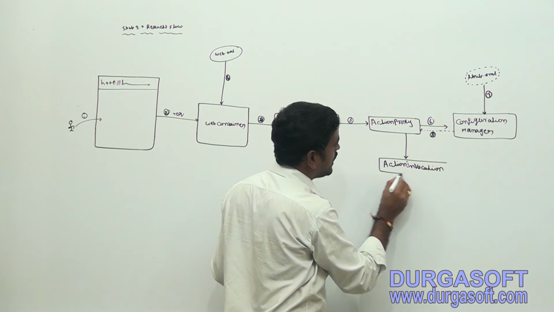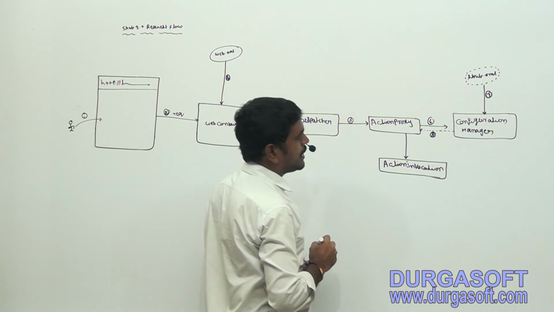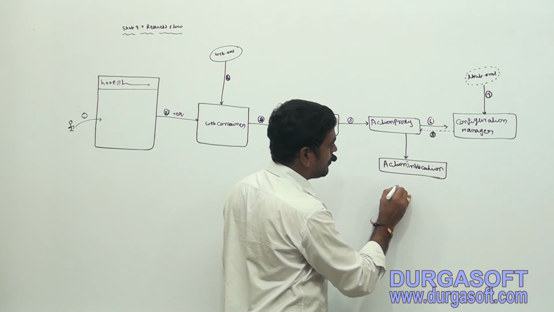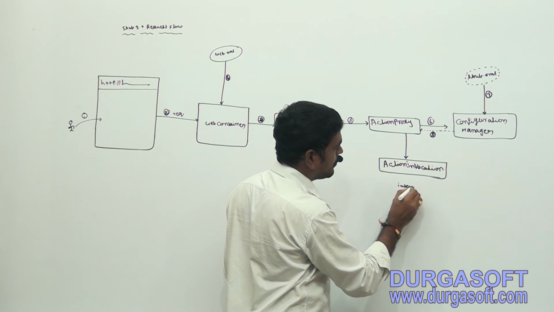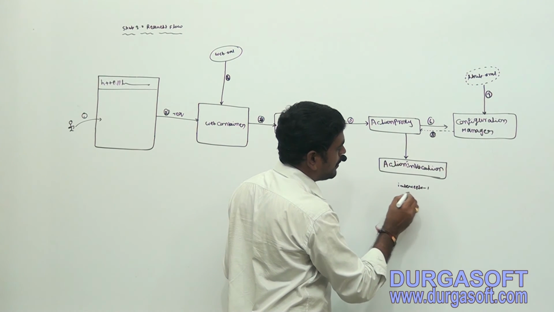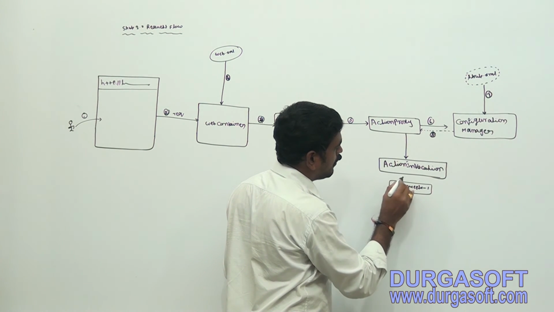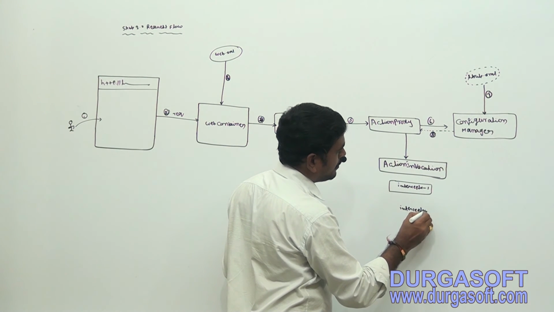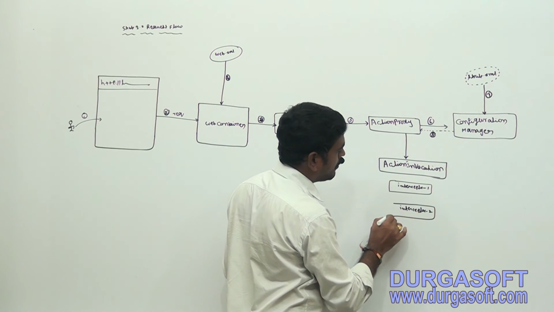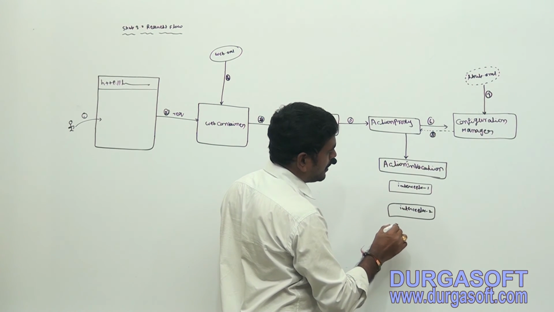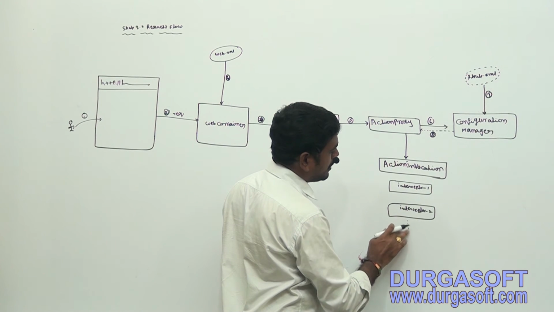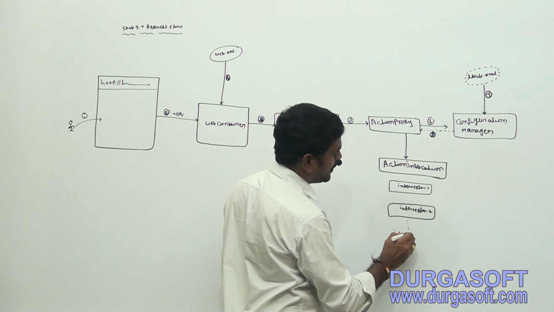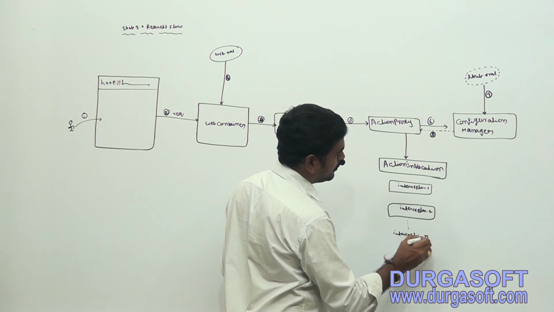Now this action invocation class activates some interceptors internally: interceptor 1, interceptor 2, the next, and so on, up to interceptor n.